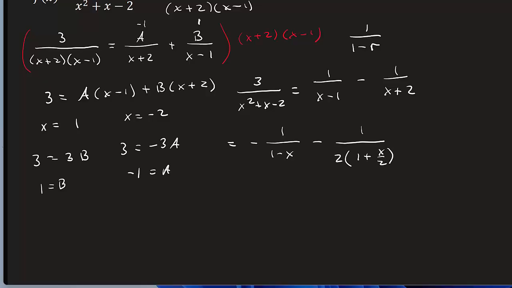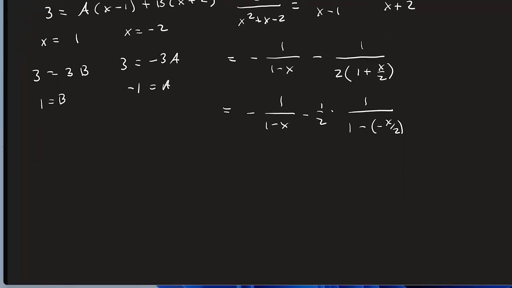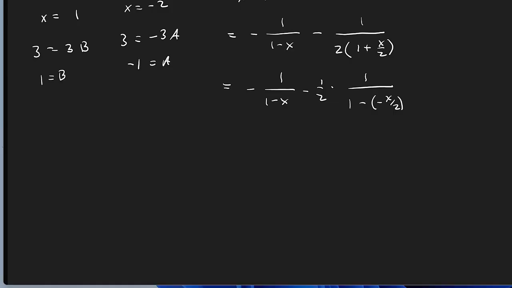And so then I can rewrite this as negative 1 over 1 minus x, minus 1/2 times 1 over 1 minus negative x over 2. I'm rewriting the plus x over 2 as minus a negative x over 2 because I need minus r.